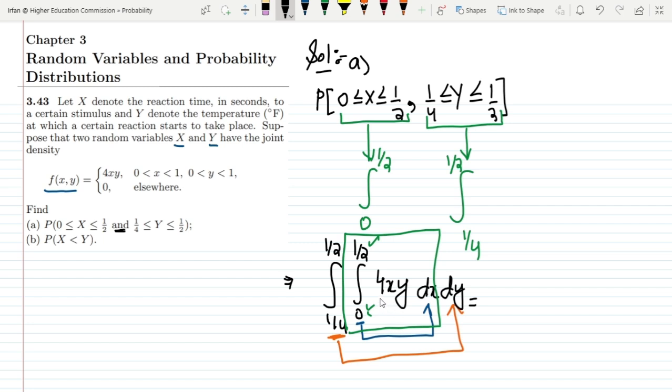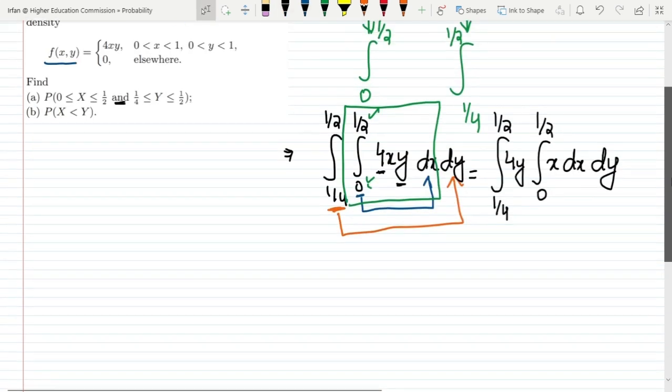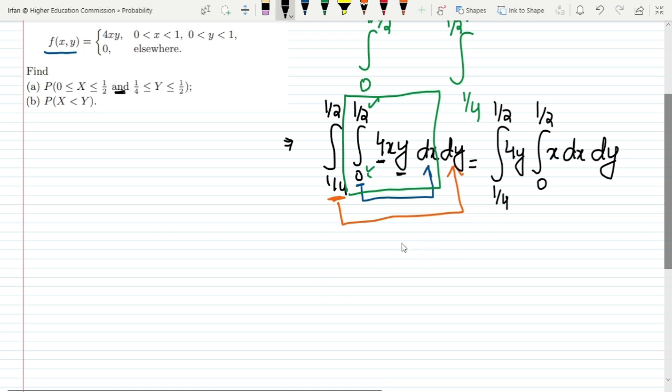Okay. So, let me solve it, first finding the integration for x. For that function, this 4 and y will become the constant. So, here I will have 1/4 to 1/2, and this 4 and y will be outside, and here I will have 0 to 1/2 of x dx and dy. Okay. So, moving downwards and writing here 1/4 to 1/2.